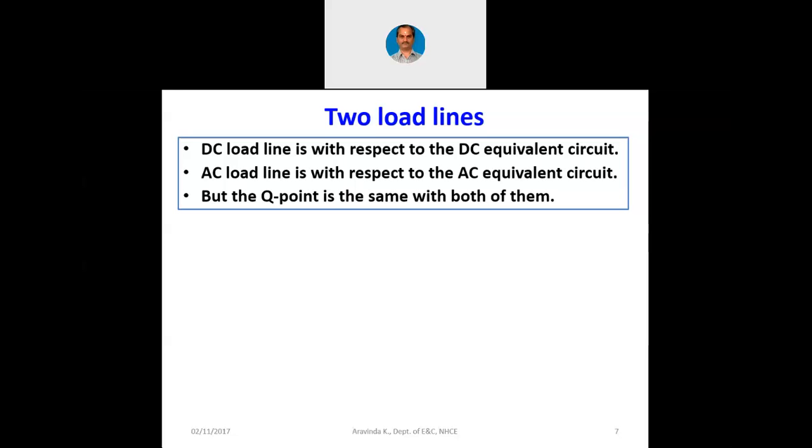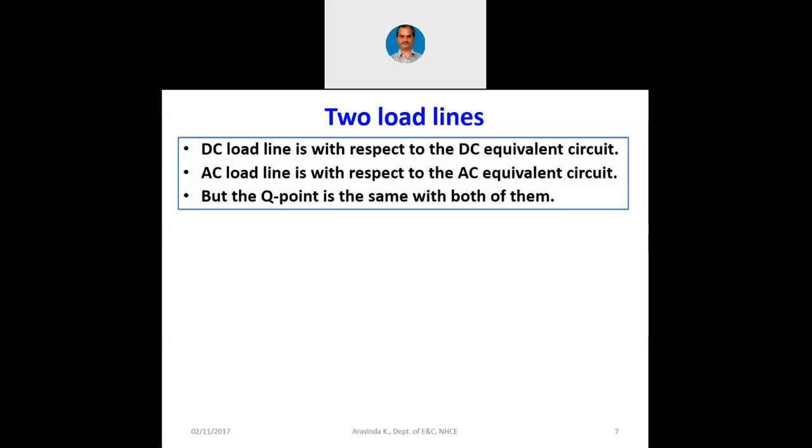Now you may think why the AC load line is required when we had the DC load line and worked with it earlier. Yes, in our earlier amplifiers, the AC load line was not required. Why? Because we were handling only milliwatts of power. But now we have to handle a larger amount of power. We have something called distortion here, right?